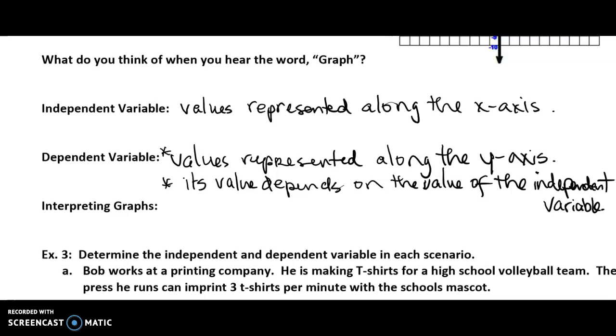On the other hand, the dependent variable, which are values represented along the y-axis of a graph, its value depends on the value of the independent variable. All right, so we're going to be using this to help us to interpret graphs. And when it comes to interpreting graphs, it's about trying to draw relationships between the independent and the dependent variables.